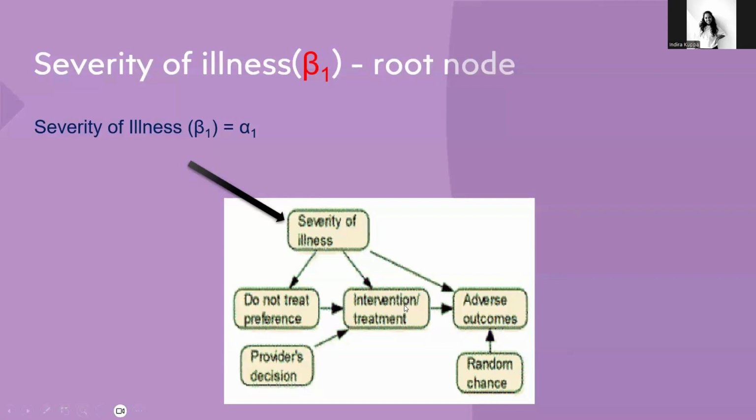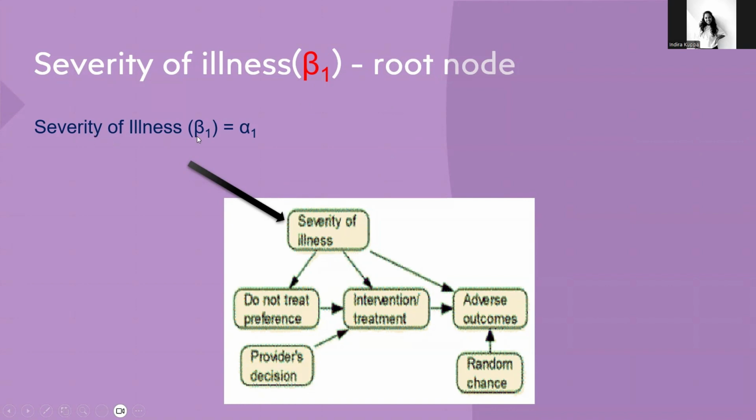Coming to the first part of the question, we write the linear regression equation for each node in this network. Firstly, the severity of illness. It is the root node, as we can see. It does not have parents. We labeled it as beta 1.